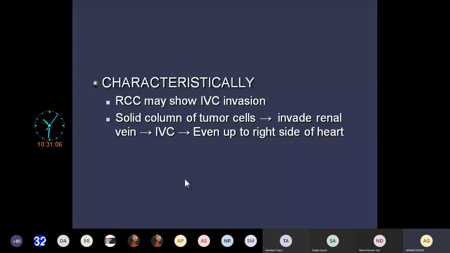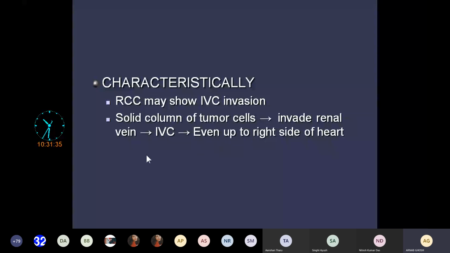So interestingly, in renal cell carcinoma, these tumor cells will form a solid column and go into renal vein direct with continuation. Okay, not separately from the primary tumor. It invades into renal vein, and then it goes to inferior vena cava, and it may go up in the inferior vena cava.